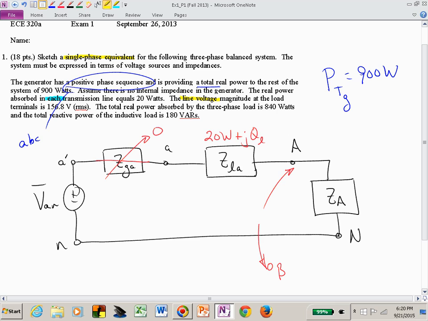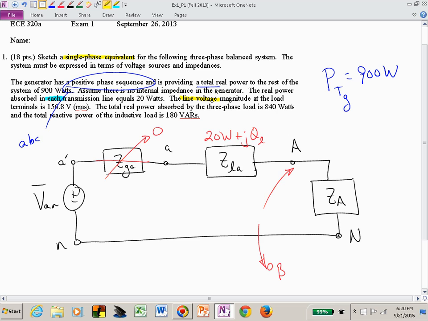Yes, so if this is a balanced system, the question was if the statement that I just finished, the real power absorbed in the transmission lines equals 60 watts, then you could divide that by 3 and get the per phase power in the transmission lines.